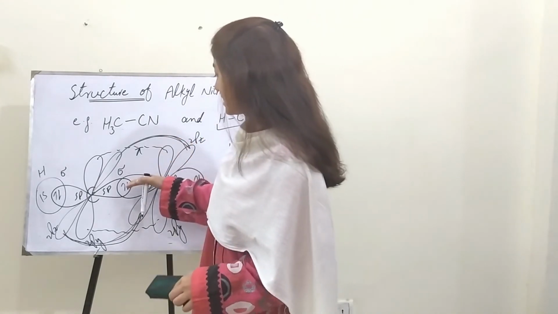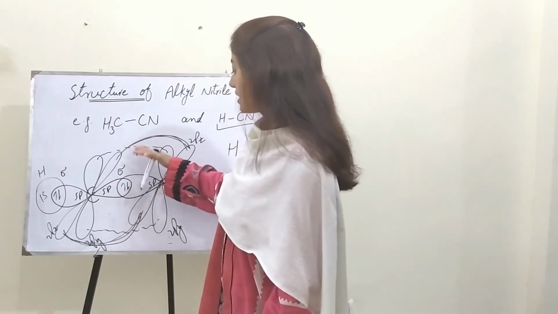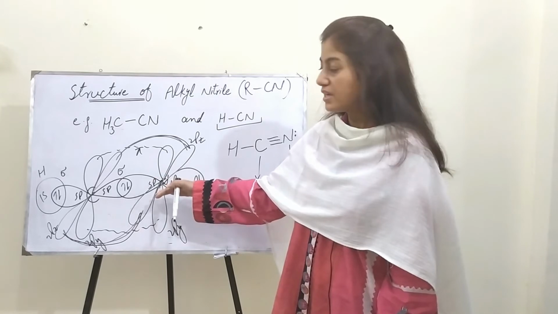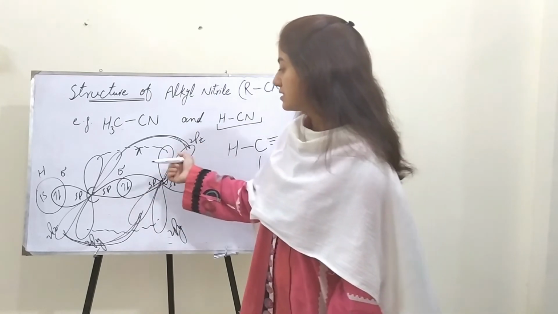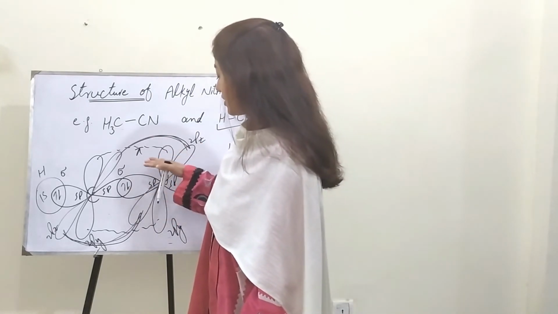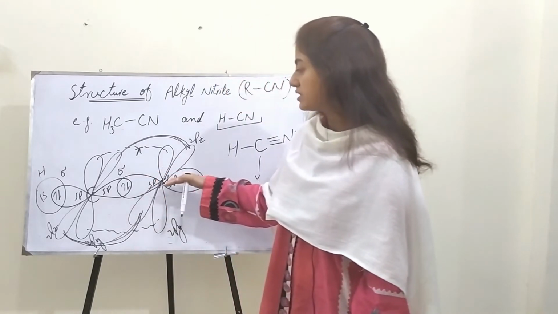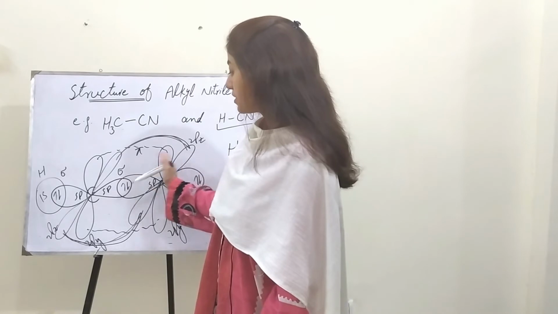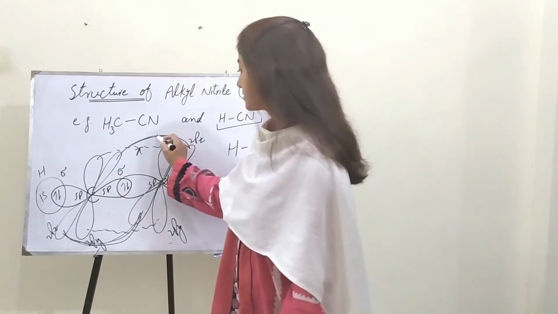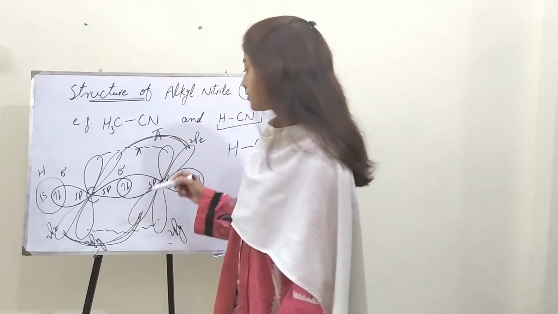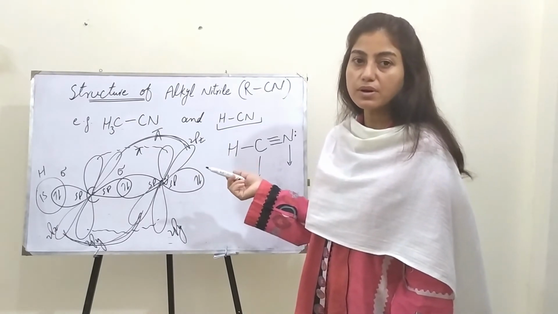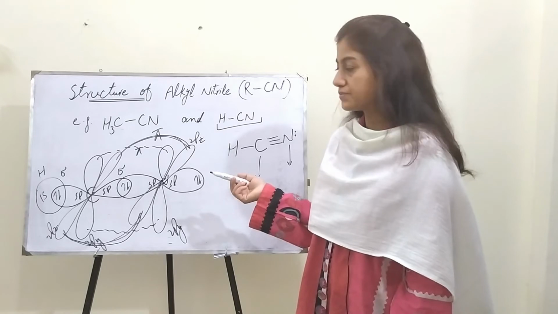So we may say that it is on both sides, or if we draw it in two dimensions, then it may be drawn either above or below the sigma bond. So this forms an electron cloud, also called a pi electron cloud.